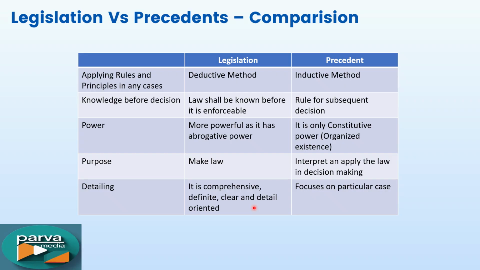Everything is covered in it, but in comparison, precedent focuses on a particular case. It will not give complete guidelines on every aspect of the topic. It will focus only on the case at hand, and then it can be used in similar cases in the future.